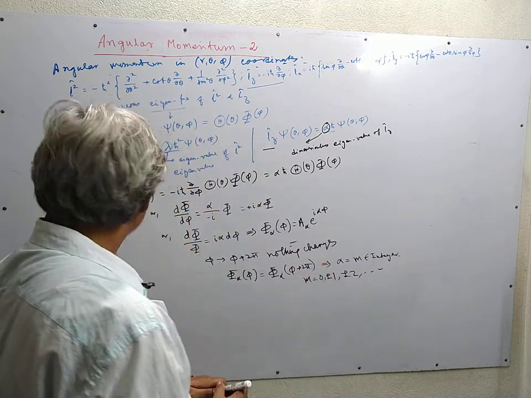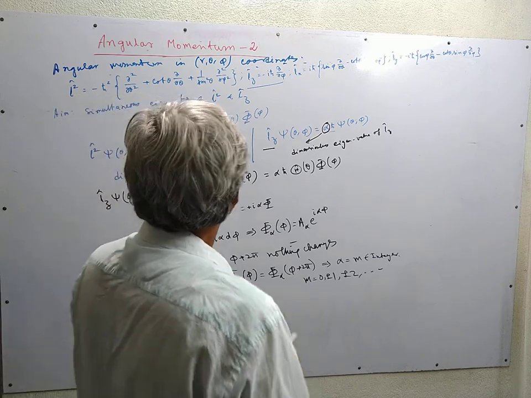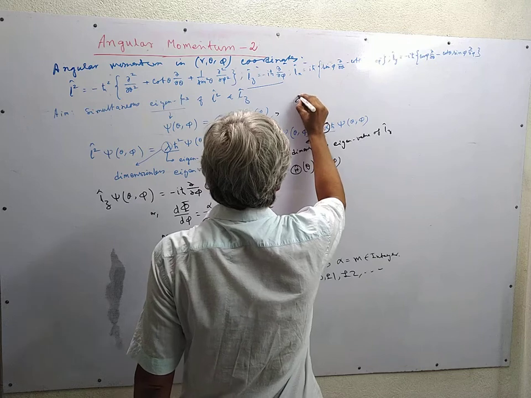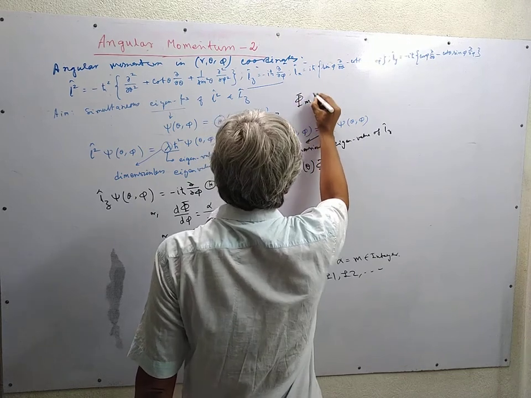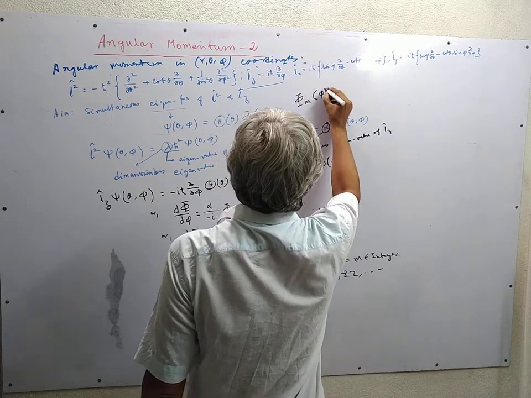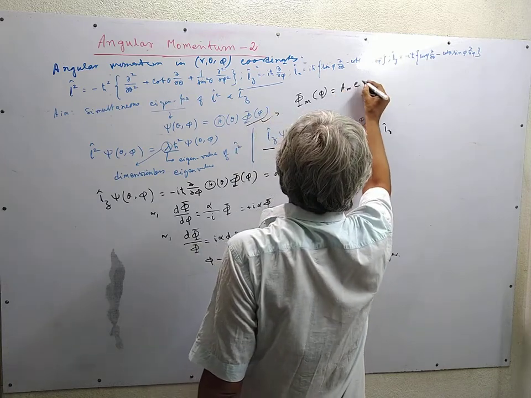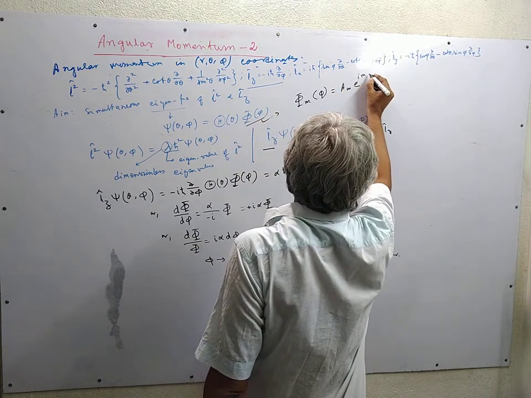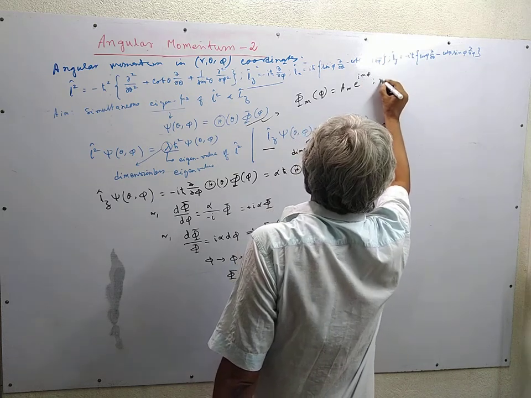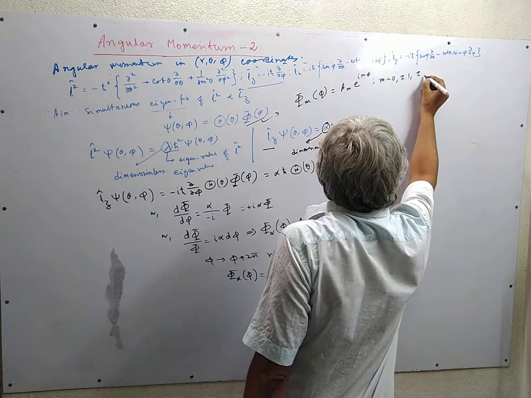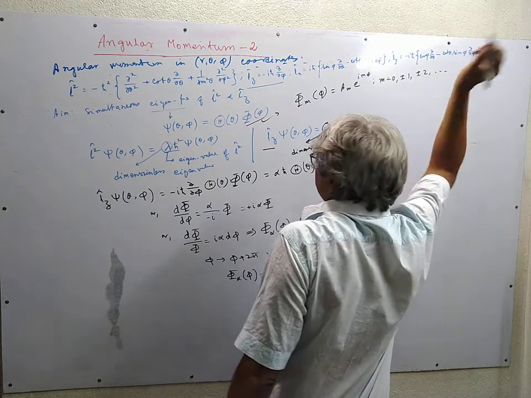So our conclusion is that this part, phi of phi, is equal to some constant A e to the power i m phi, where m is equal to 0, plus minus 1, plus minus 2, and so on.